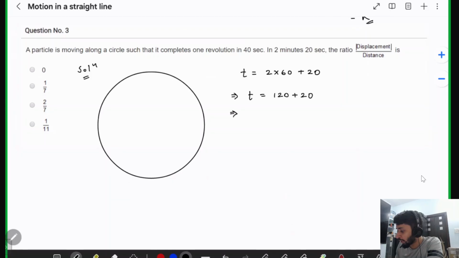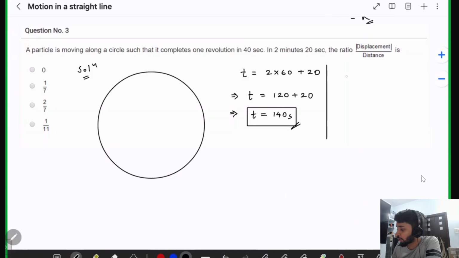So the total time in seconds is 140 seconds. Now we'll figure out how many revolutions he'll make. We need to figure out where the person will actually end up after 2 minutes and 20 seconds to get the ratio of displacement and distance.